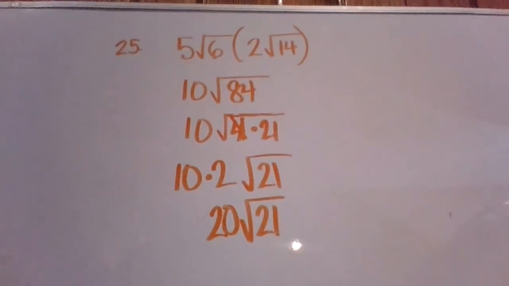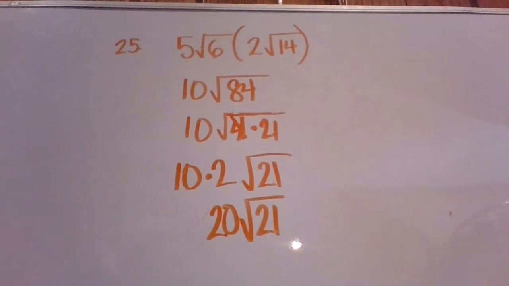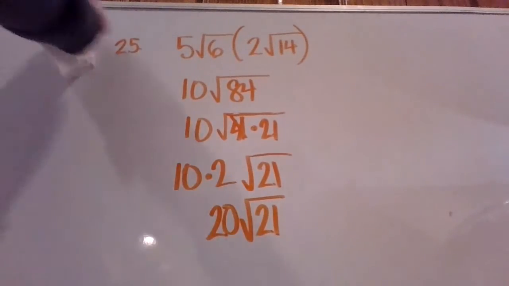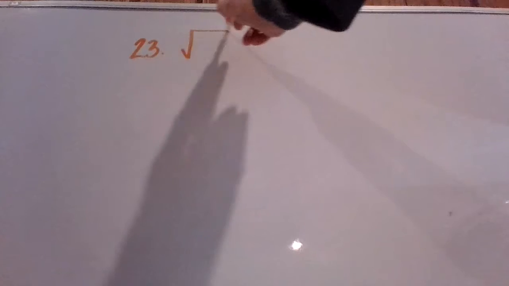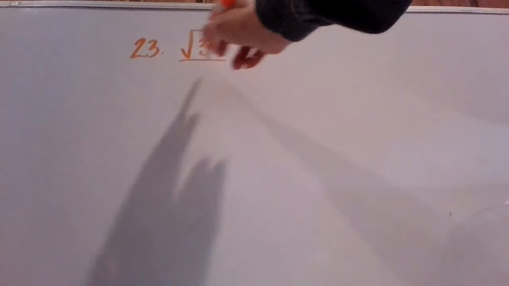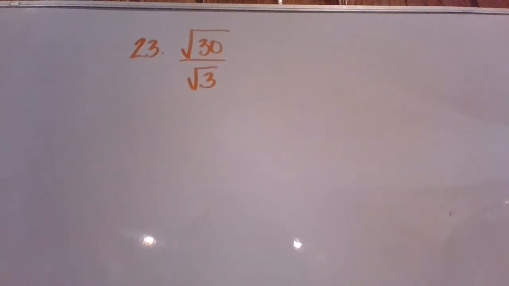Okay, now let's get into dividing some of these. Let's go to number 27. Number 27, I'm sorry, I skipped way ahead. Number 23. Number 23 is the square root of 30 divided by the square root of 3. Now with the division, you kind of have to play with it a little bit to see what works best.